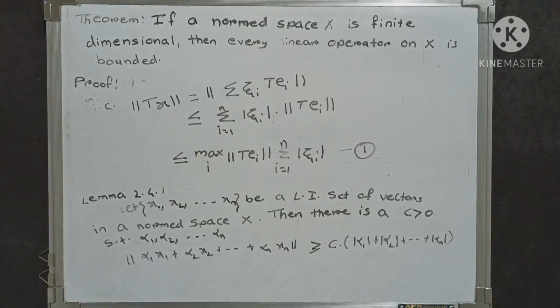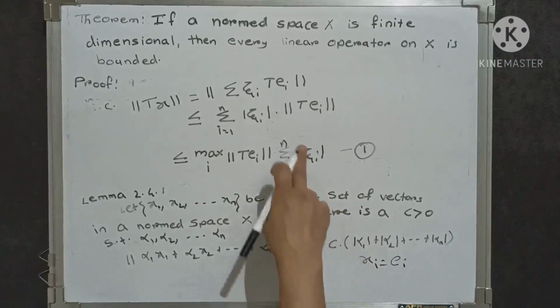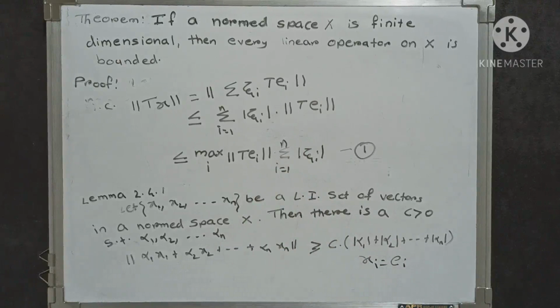Here in this lemma each xi is equal to ei, our linearly independent set of vectors, and instead of alpha i we take each alpha i equal to xi i.